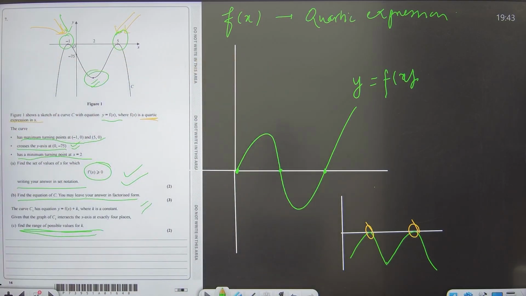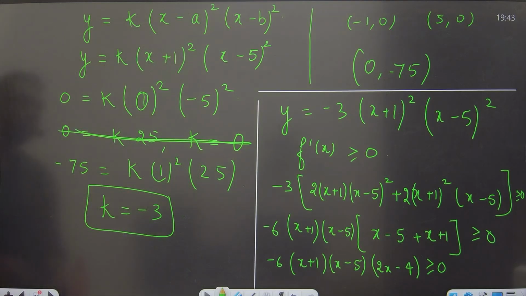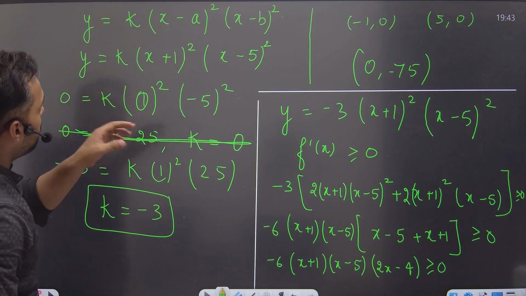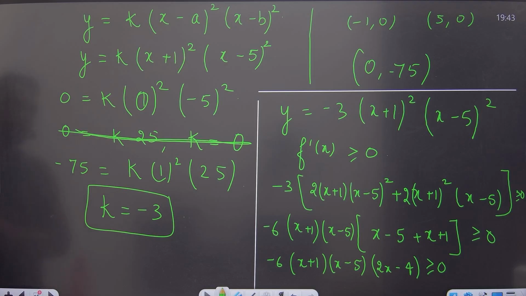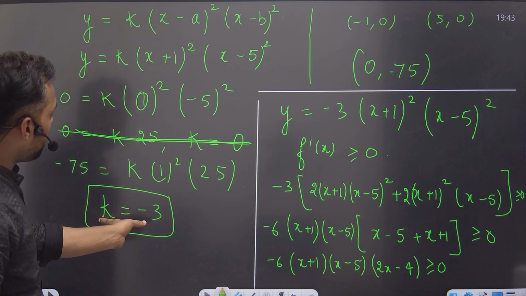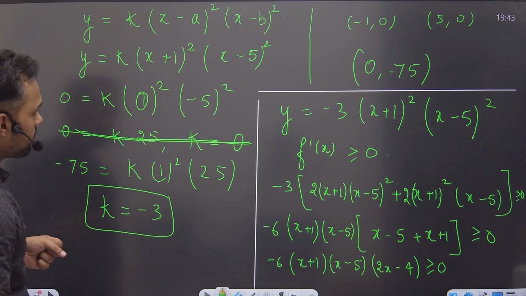So if it has the maximum turning point at x equals 2, we'll directly plug in the values. We have got the value k equals negative 3.